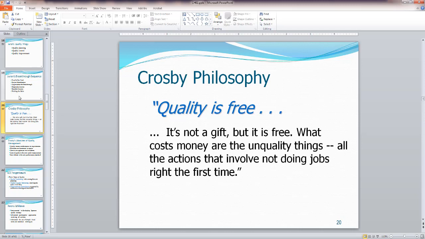Quality is free. That's not true. Quality is never free. There is a cost to quality. The more you refine your process, the more you try to make things better, there is going to be a cost to it, whether it be in manpower, equipment, time spent, in some sort of fashion. The meaning here is that the quality you receive on the end as a customer, you believe to be already inherent to the process, so it's free to you.